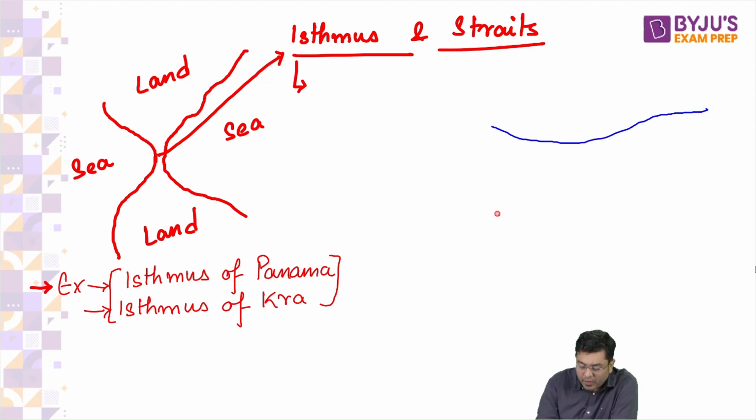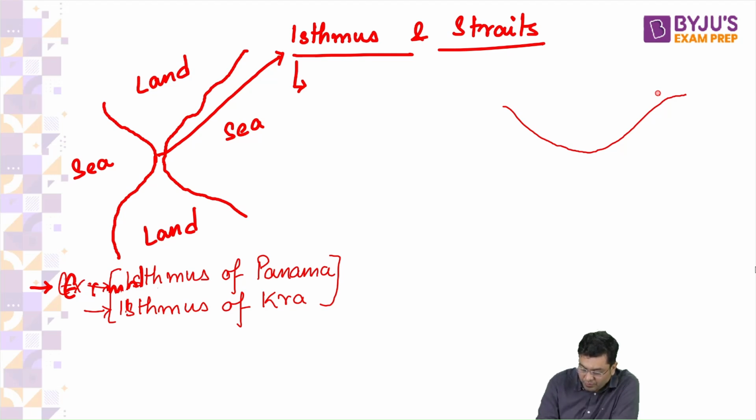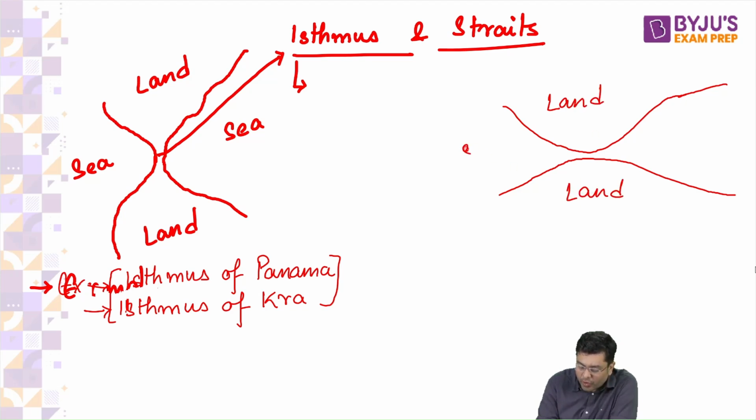And what about the strait? Strait is just the opposite of it. So when we talk about strait here, let's suppose you have a large water body, okay, or let's consider the opposite of it, that you have a landmass here, and you have the presence of another landmass here.